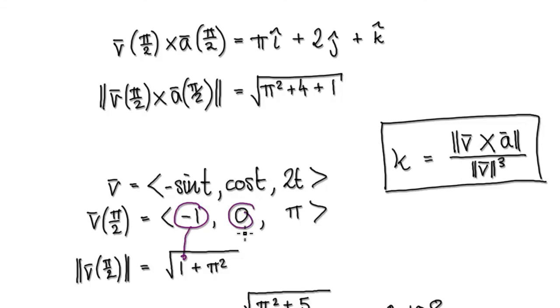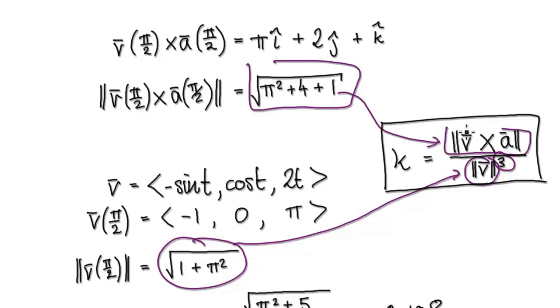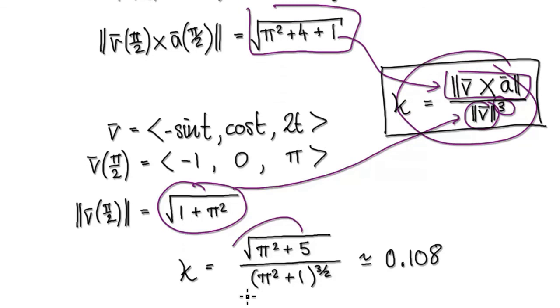This is going to be, square it, 0, square this, that will then give you this, and then take the square root of the whole lot. That will then give us the magnitude. So we can put this into here. Don't forget we need to cube it later on. And then we can put this into here. So the whole lot here will then become this, which is approximately this.